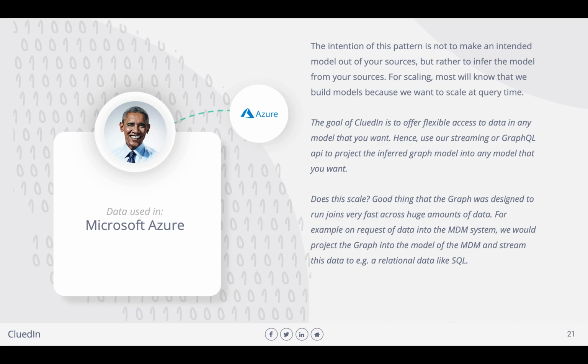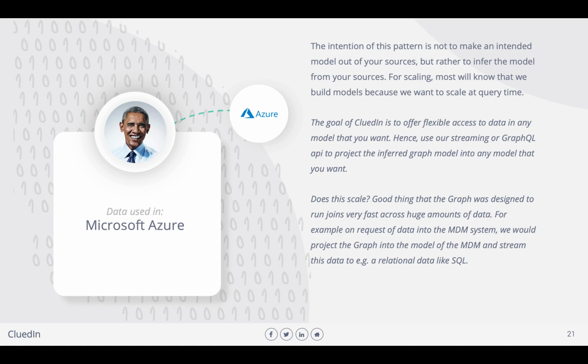Clued-in offers the flexible access to data in any model that you want, knowing that we can have those use cases such as an MDM system where we project the data into the perfect model. But there will be other use cases where we don't want it in that particular model. So having that flexibility is really important.